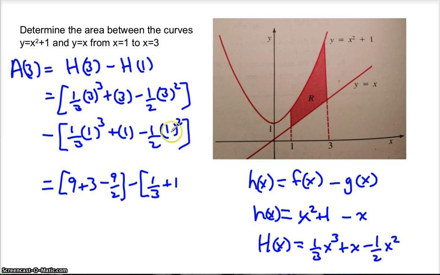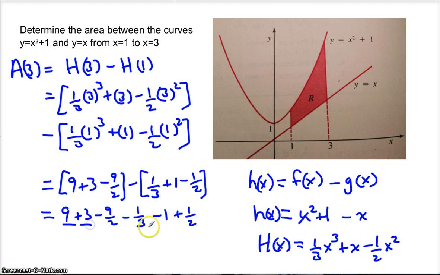Then 1 squared is 1 times a half is a half, so minus a half. Let's get rid of the brackets here, so 9 plus 3 minus 9/2 minus 1/3 minus 1 plus a half.